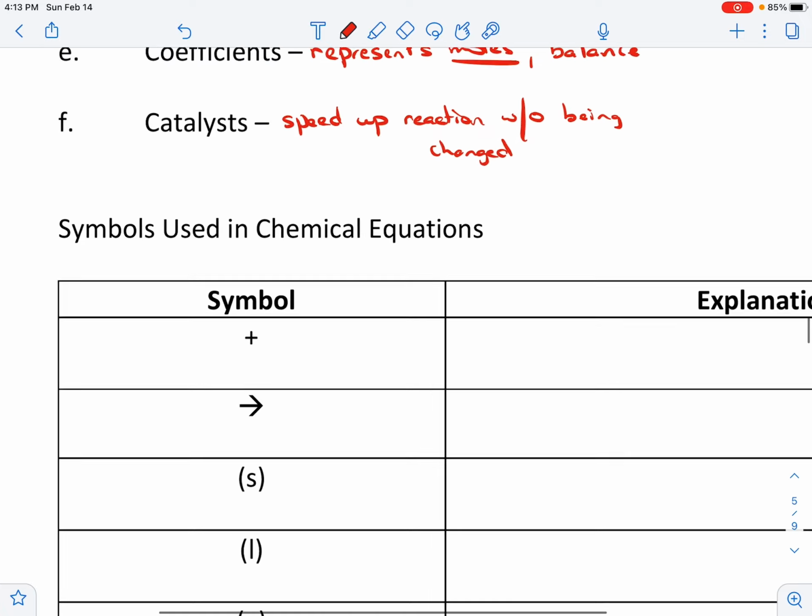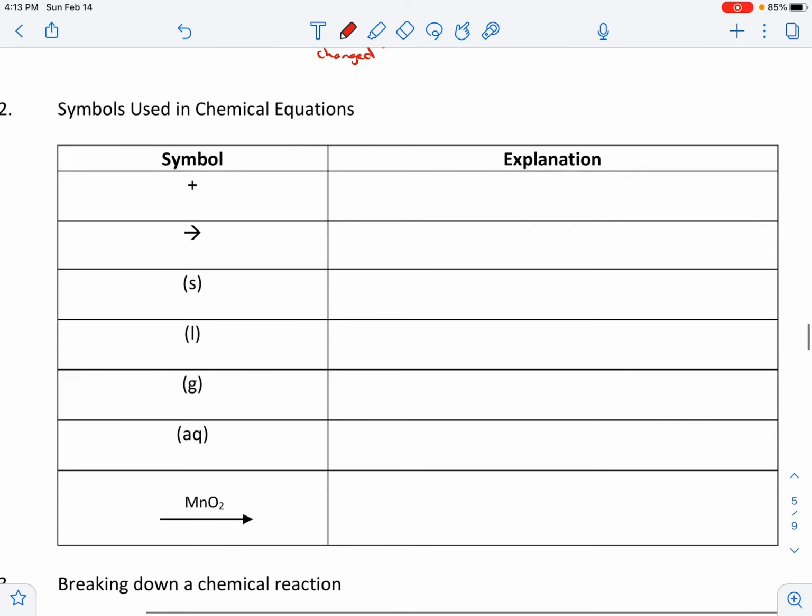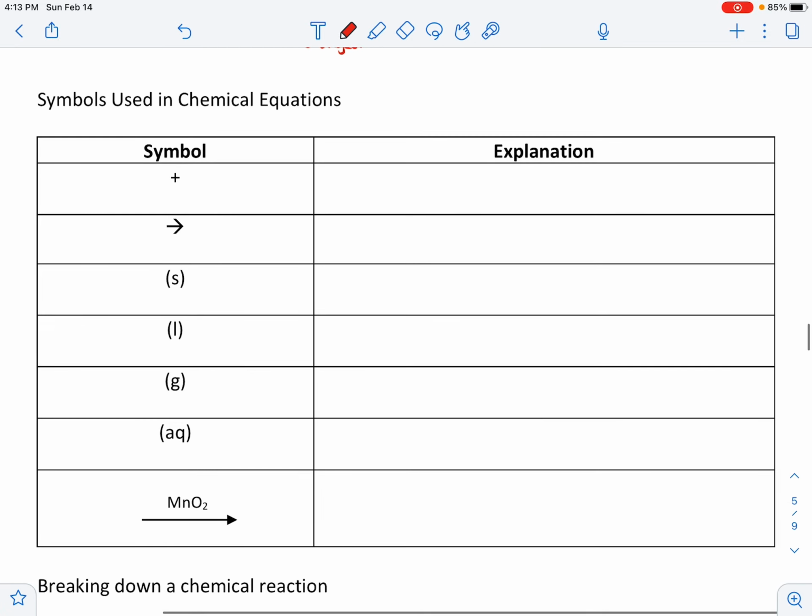All right. So what we have next here is just a whole bunch of symbols that we use when we're writing balanced equations, and so we're going to write down what they mean to us. So the first one is a plus symbol, and this means added or combined, just like it does in our math classes. We mean we're adding them together.